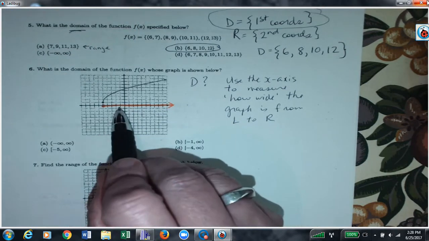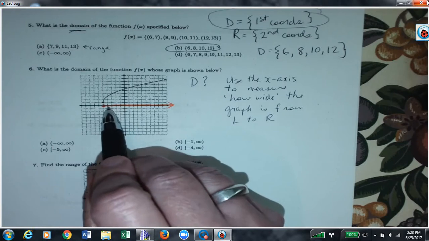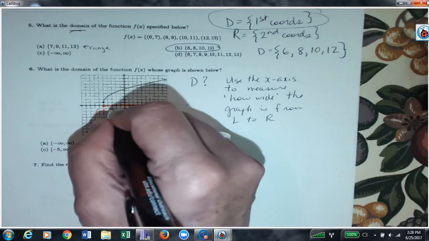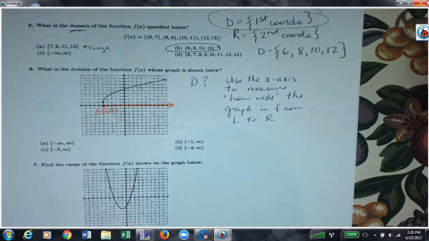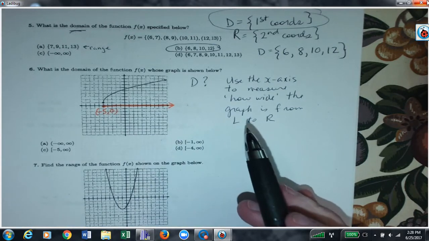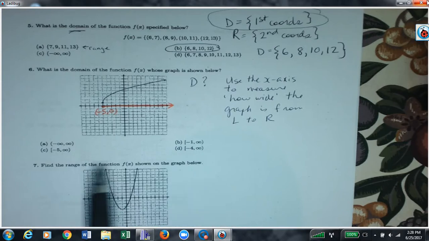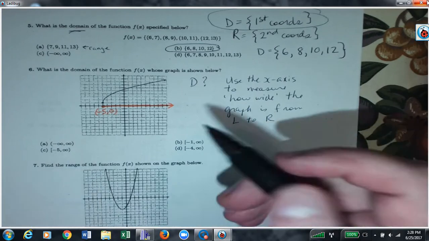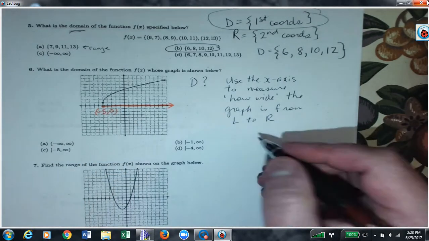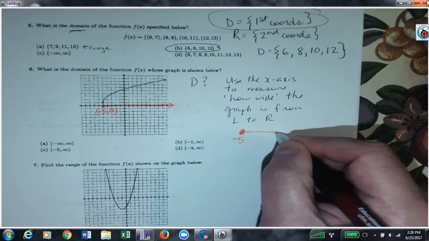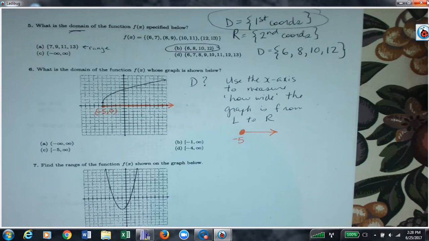And where does this start? Negative 1, 2, 3, 4, 5. So it's starting at the point negative 5, 0 and going on forever. Now, these are not points. These are intervals. So how can I describe this? Well, if I'm on the number line, it starts at and includes negative 5.